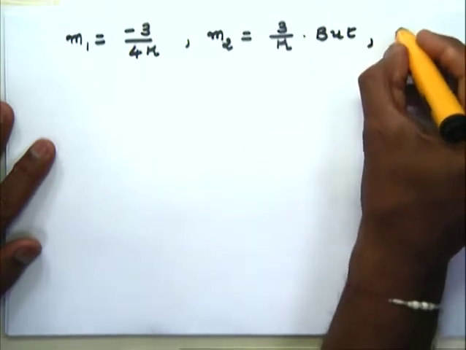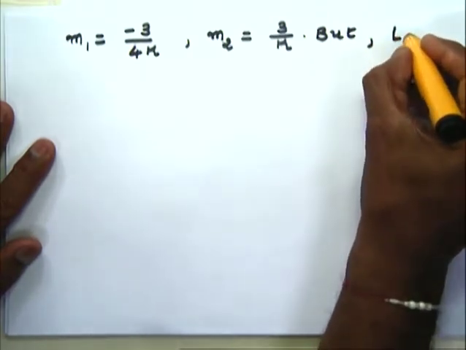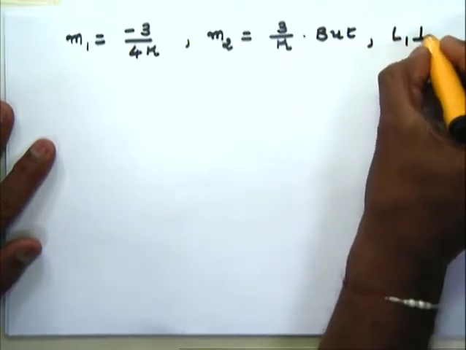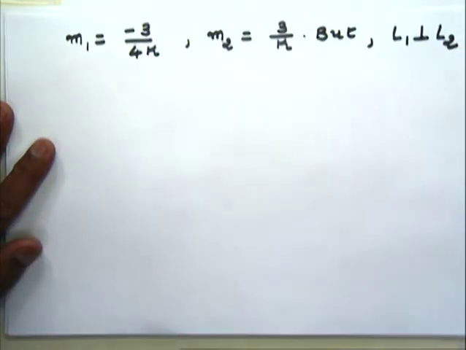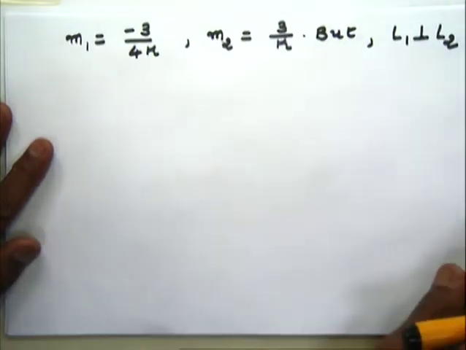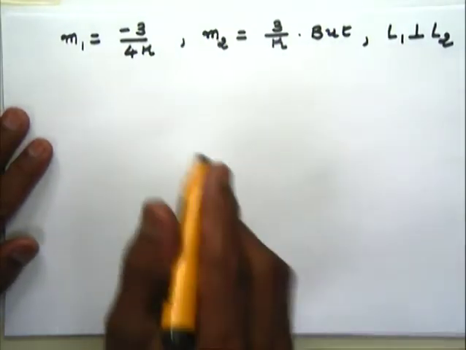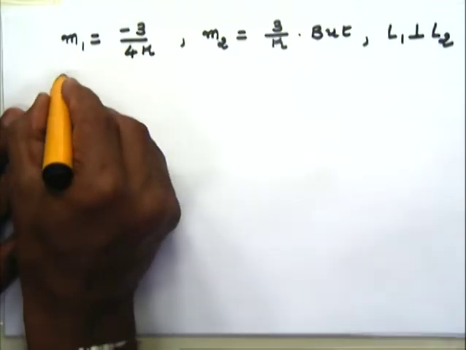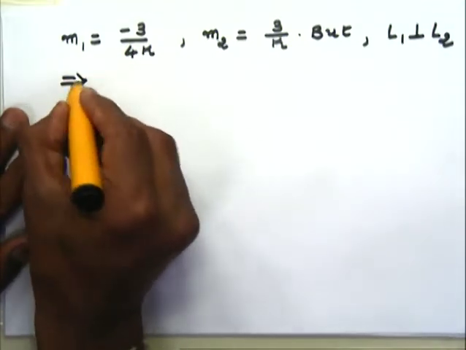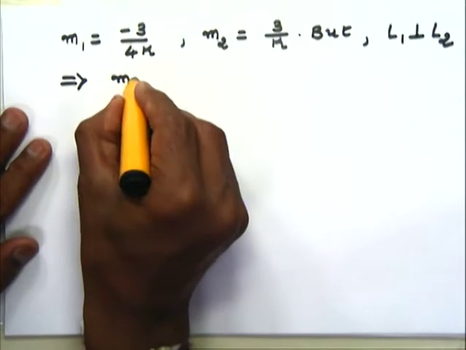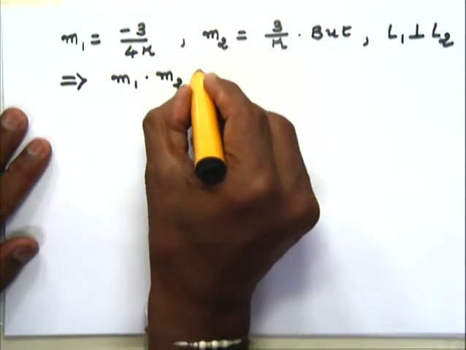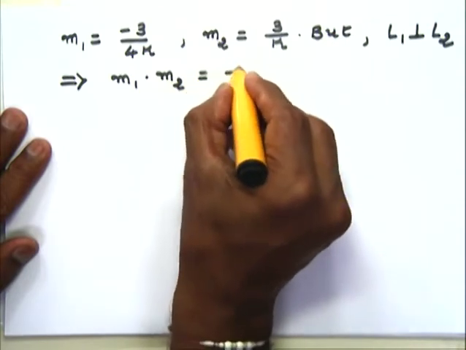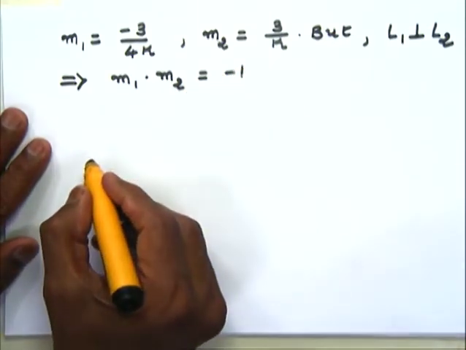But we are given that the two given lines are perpendicular to each other, L1 perpendicular L2. When the lines are perpendicular, we know that the multiplication of their slopes equals minus 1.